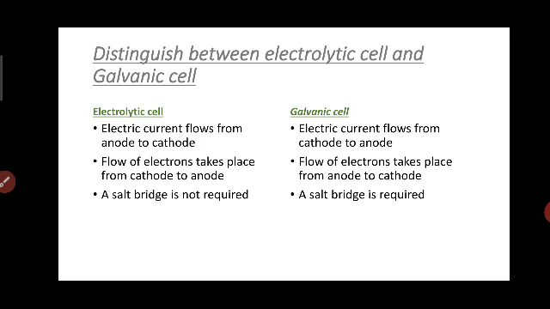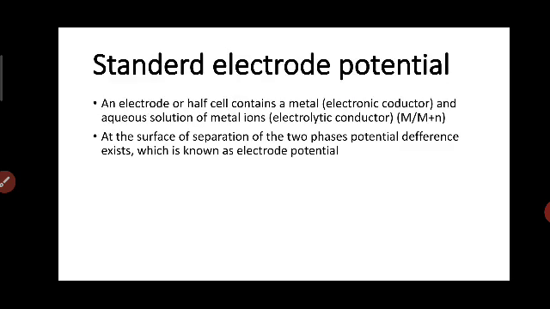In the electrolytic cell, the salt bridge is not required. So these are the differences between the electrolytic cell and the galvanic cell, and it is a very important question asked in every board examination paper. You should remember it carefully.